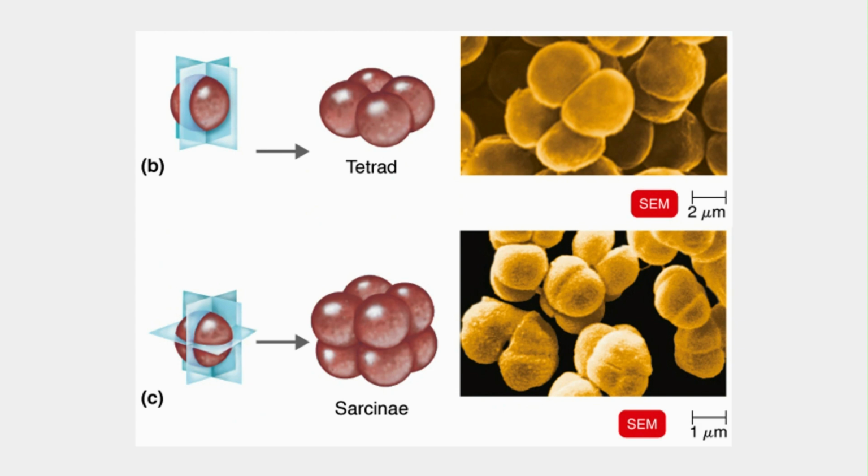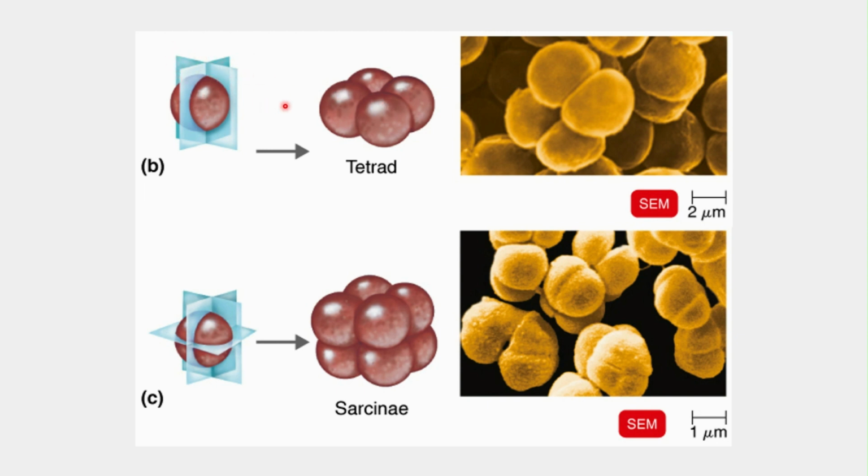So be very clear about that, or very perceptive there. Because plane of division determines the arrangement of the bacterial cells, if a bacterium divides on two different planes that intersect each other at 90-degree angles, as in image B, this division pattern leads to a tetrad. So here we see one plane, and then at 90 degrees, we have another plane.